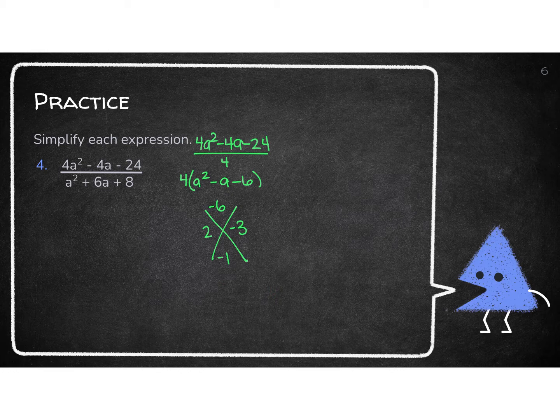So I'd have a squared plus 2a minus 3a minus 6. So now I can do my box. A squared, 2a, negative 3a, negative 6. Pull your GCFs out. And that is my factored, and that's for the top.